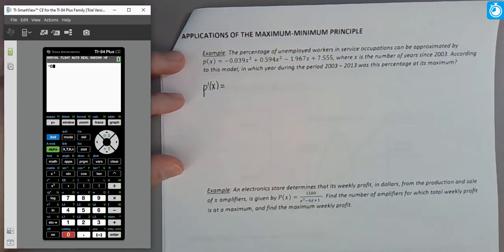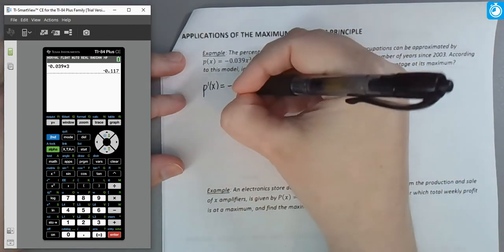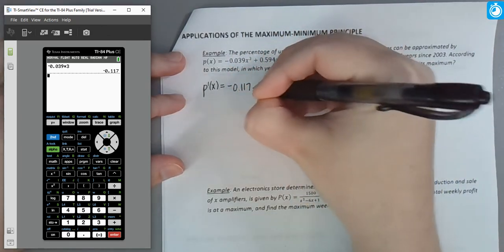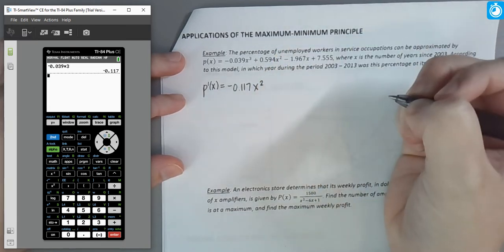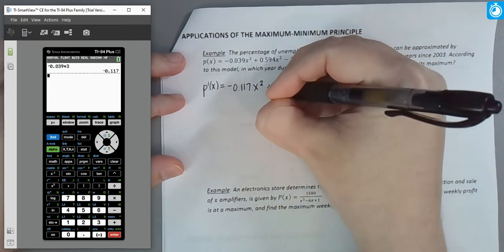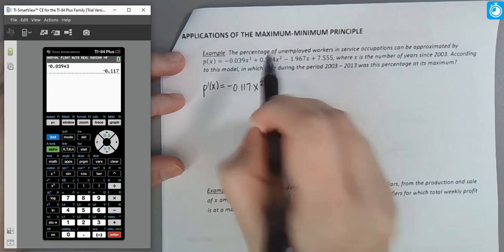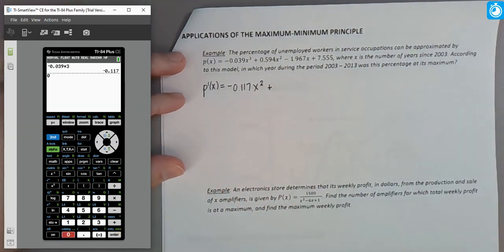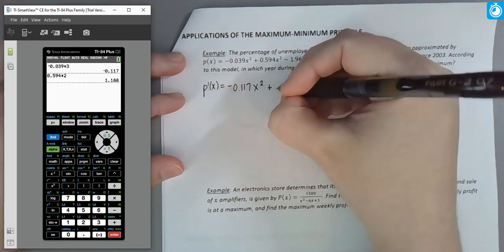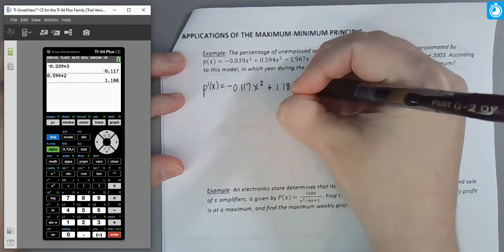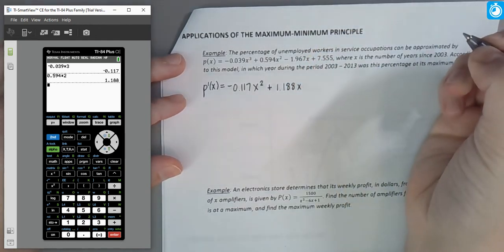So negative 0.039, and we're multiplying that by the exponent we brought down, which was 3. So negative 0.117, and then decrease the exponent to a 2, plus, bring down your 2, multiply, so 0.594 multiplied by 2, 1.188, decrease the exponent, so that just becomes an x.